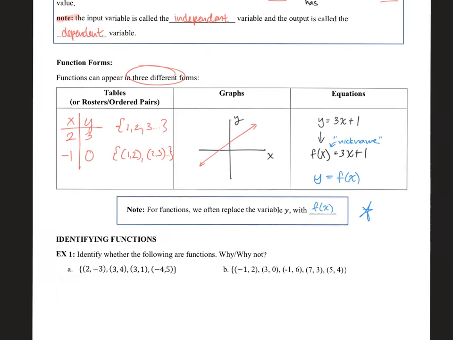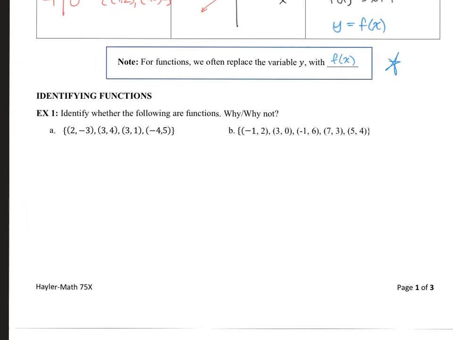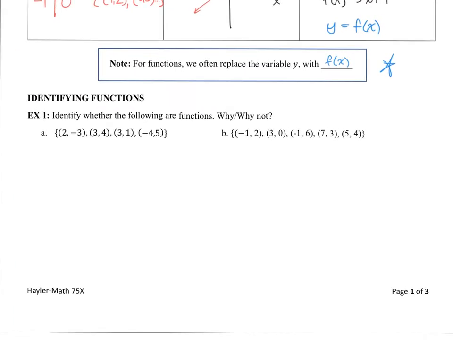So that's what we're going to look for. We're looking for each input has one output. And oftentimes, generically, the input would be our x value, and the output would be our y value.